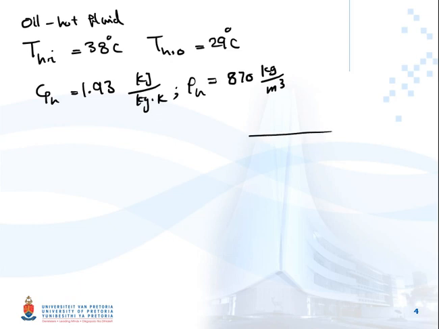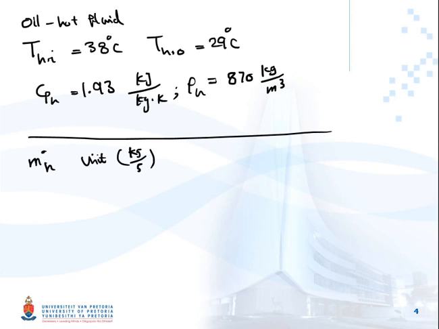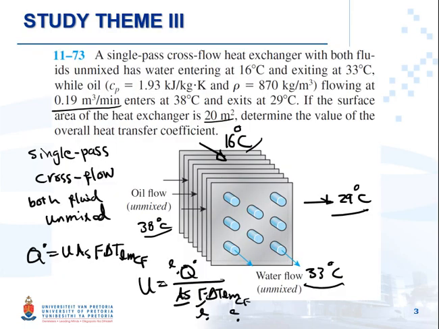The other story is that normally we are interested in mass flow rate, for example m dot h, and the unit needs to be kilogram per second. But what we have here is cubic meter per minute.